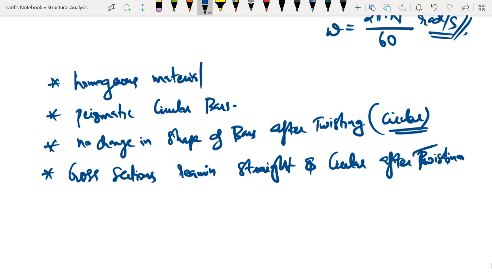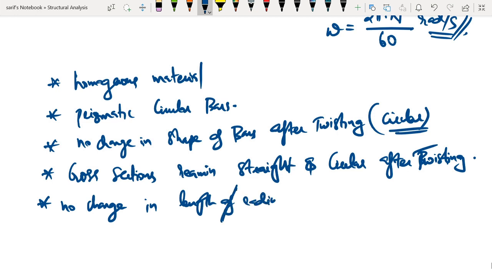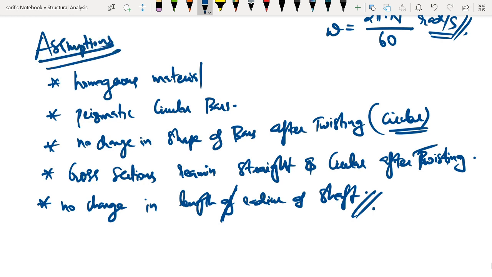Okay, and another assumption is there is no change in the length or the radius of the shaft. So these are some of the assumptions that we have used throughout this particular derivation.